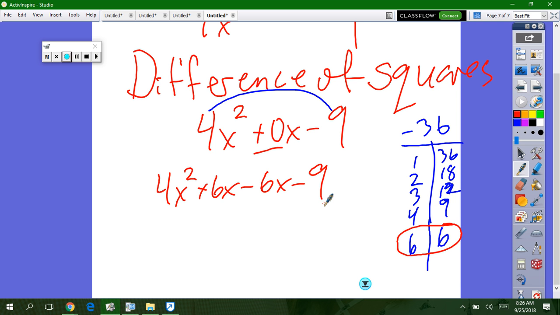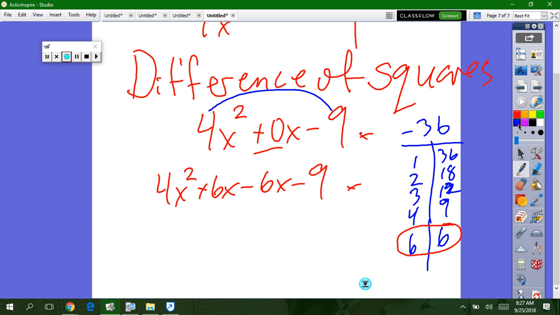Once again, from this stage to this stage, are they different? Yes. But are they different expressions? No, because once again, 6x minus 6x is still 0. I didn't change the value of the expression, I just changed what it looked like. Correct?